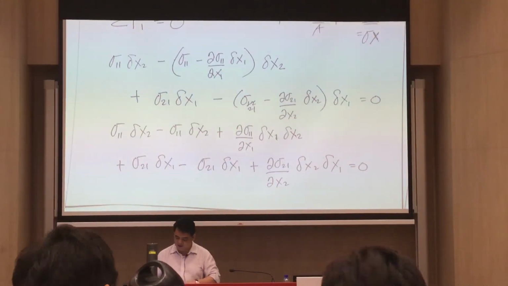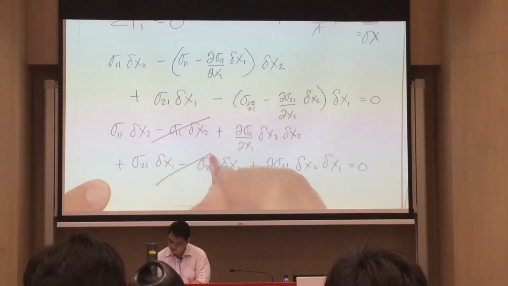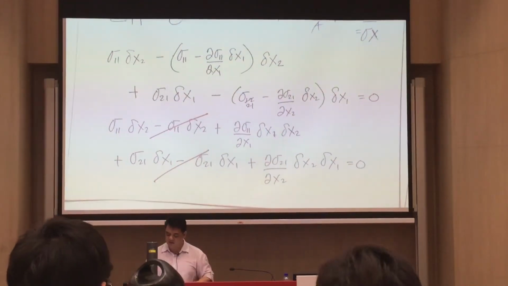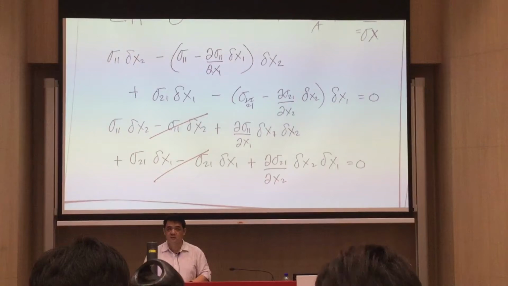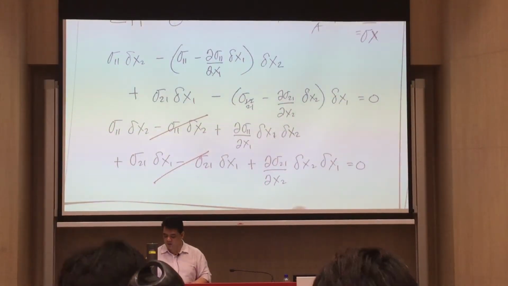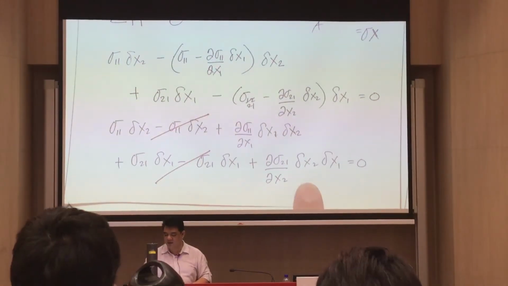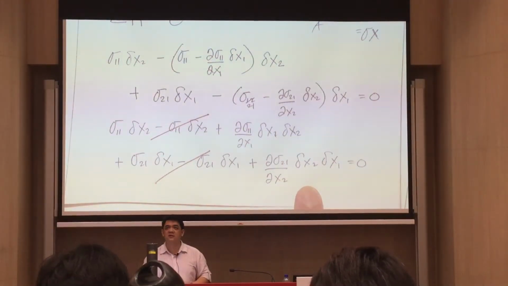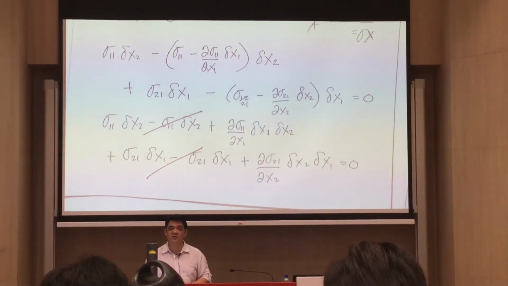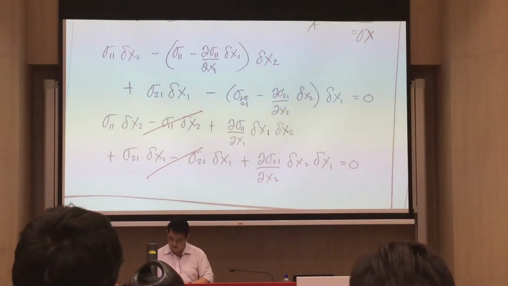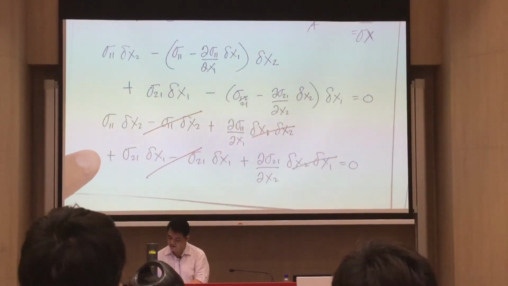So of course, you can cancel this one out. And then you're left with this one here. Can we remove now delta x1, delta x2? Since this one is 0 anyway, we can remove delta x1 and delta x2, yes? So just remove it there.